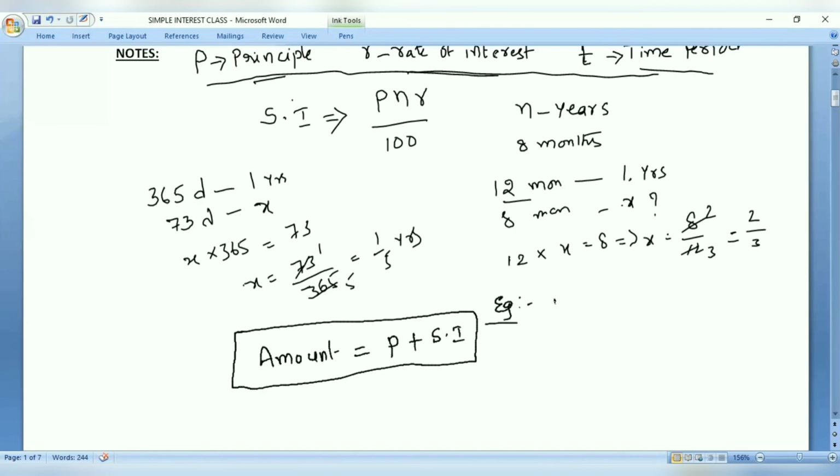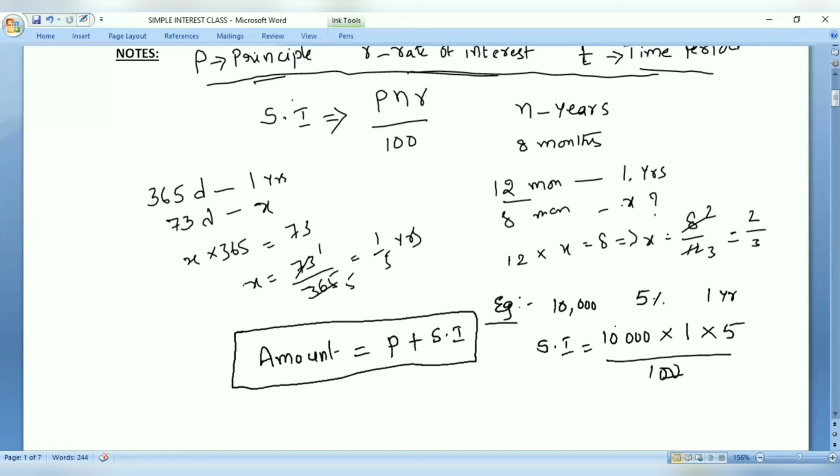If I have deposited 10,000 rupees in a bank at 5% rate of interest for 1 year, then what is the interest that I'm going to get? That is simple interest. So principal is 10,000 rupees, time period is 1 year, and rate of interest is 5 divided by 100.